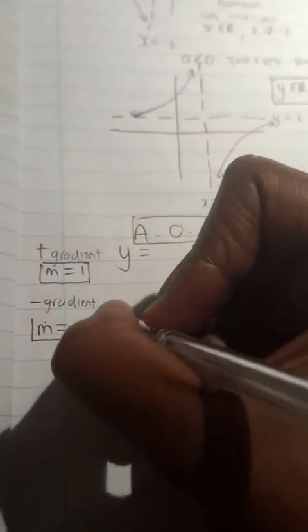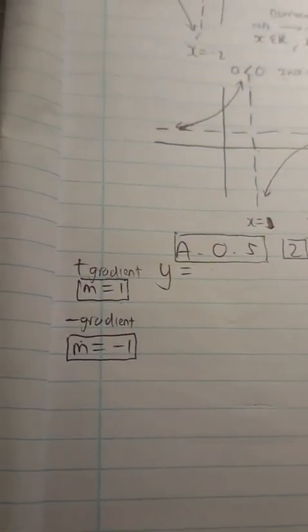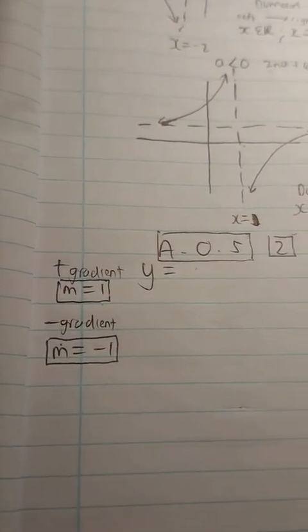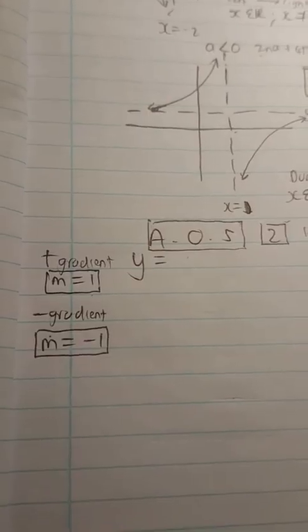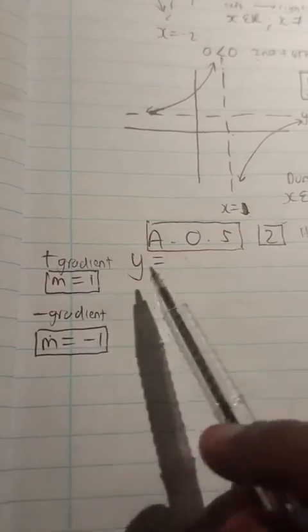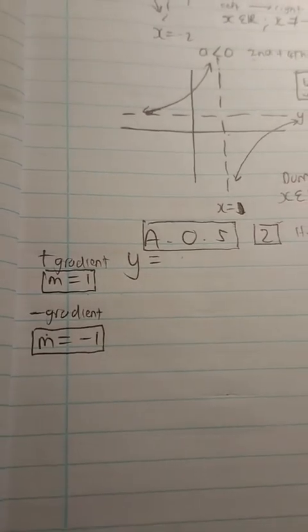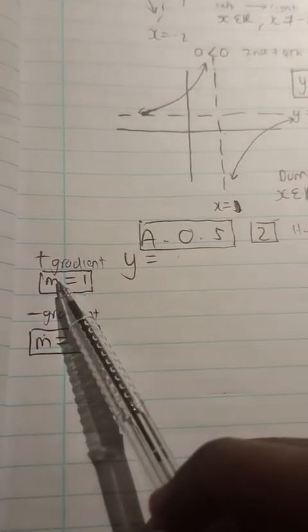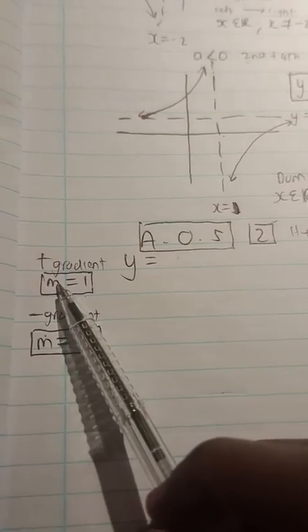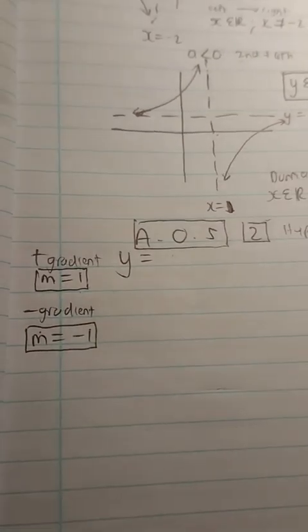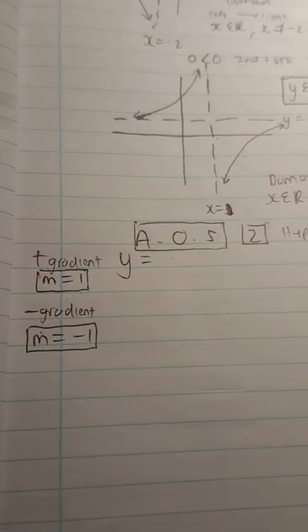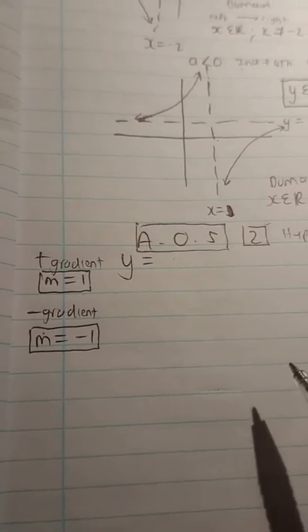For the negative gradient axis of symmetry, the gradient is always negative 1. So that's one thing down, because whenever we want the equation of any straight line, we need the gradient. And then if we can get a point, that basically solidifies everything.